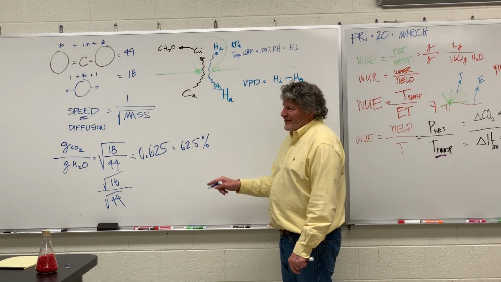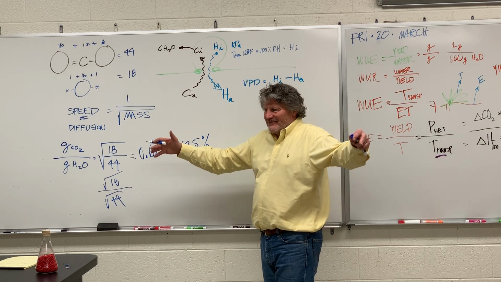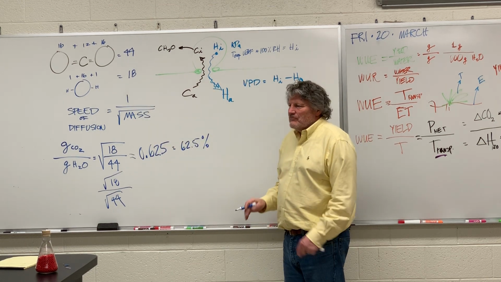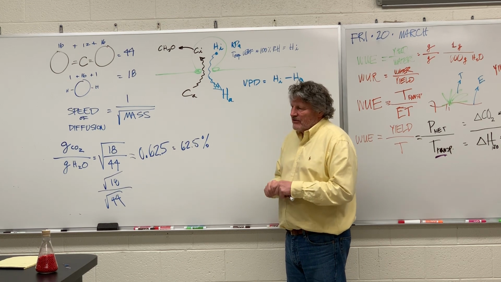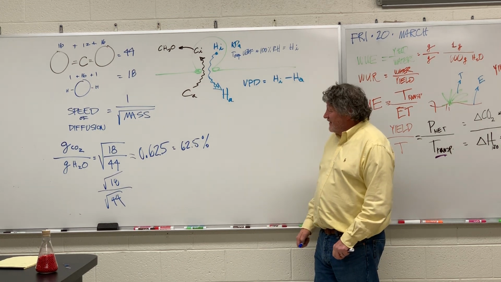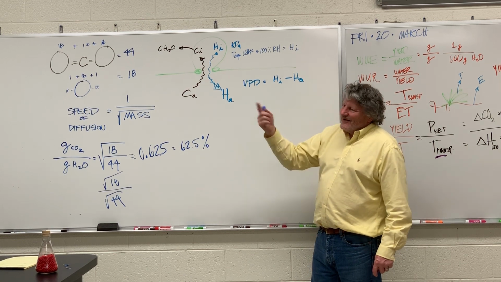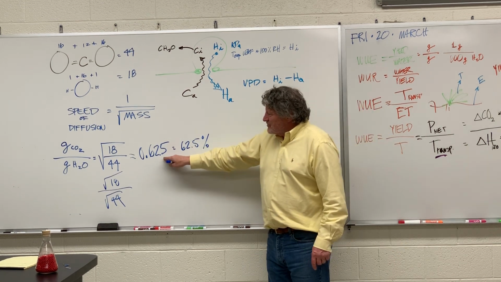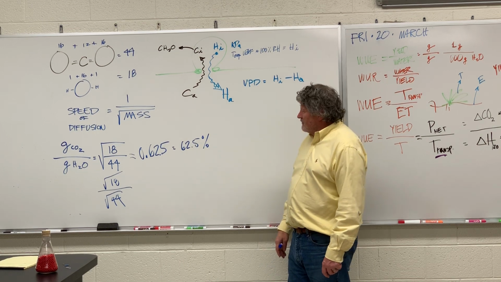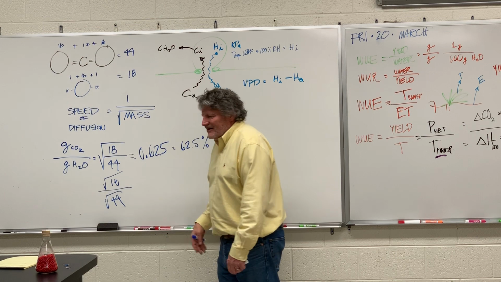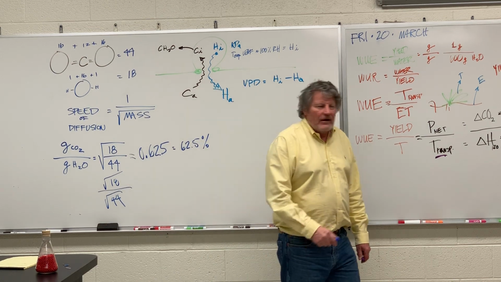Slower, because it's bigger. That's why I draw it like this, because it moves slower because it's a bigger molecule. You always have to remember the molecular weights to make sure you've got the 0.625 times the right thing. Usually we don't call it 62.5%, but it is the same thing.